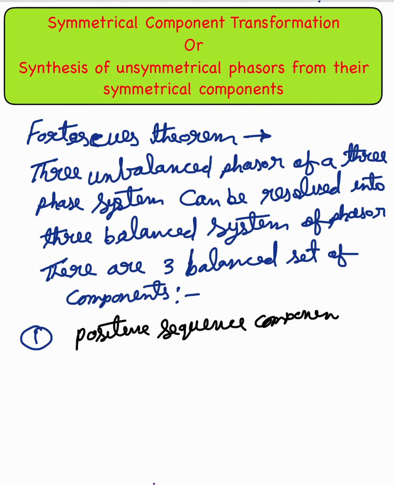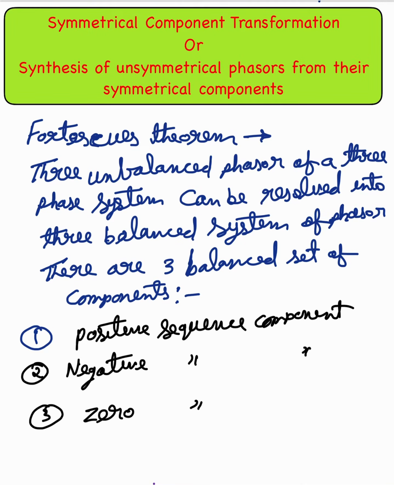Second is the negative sequence component. Third is the zero sequence component. So there are three components: positive, negative and zero sequence. Let's discuss them one by one.